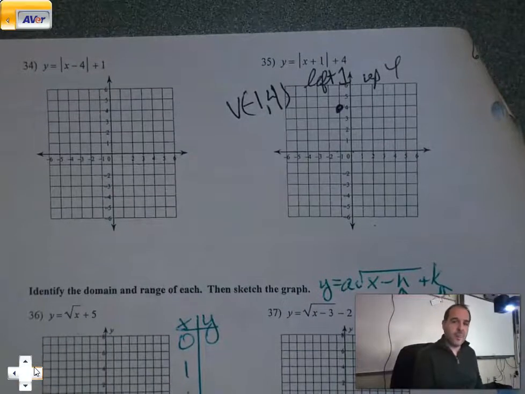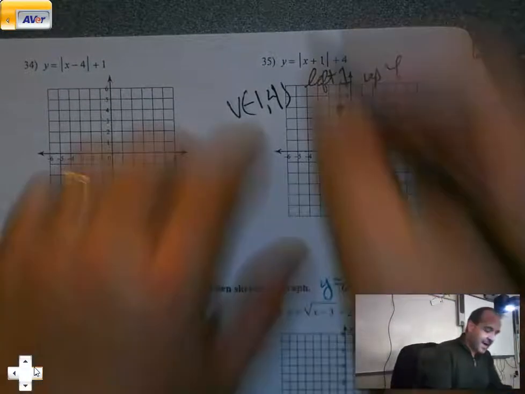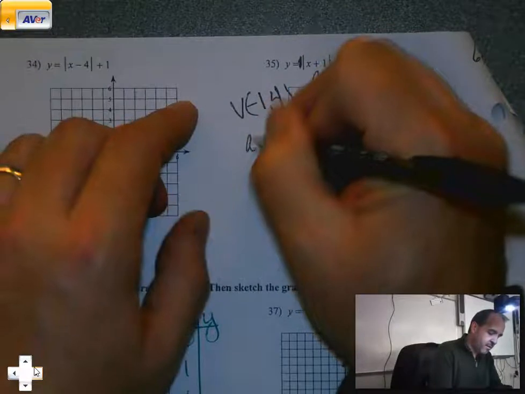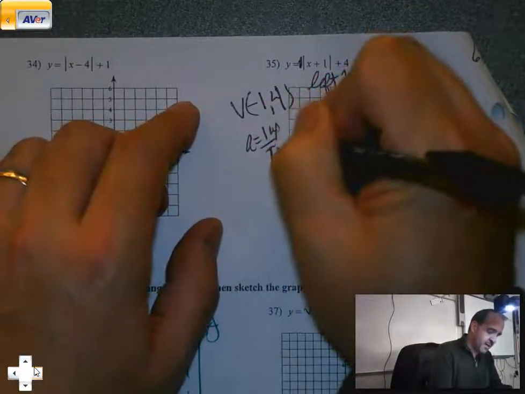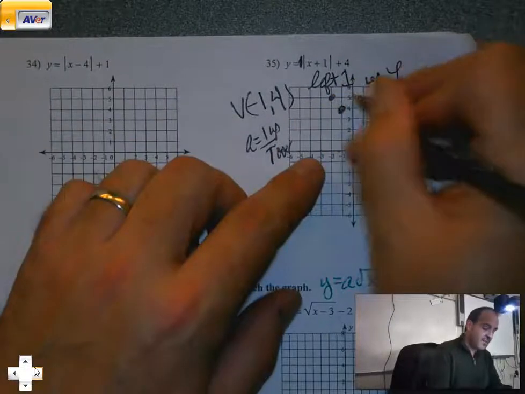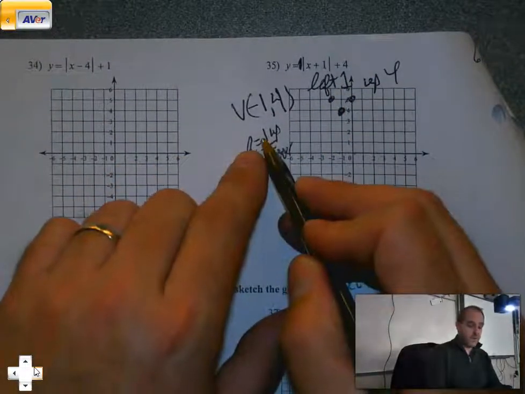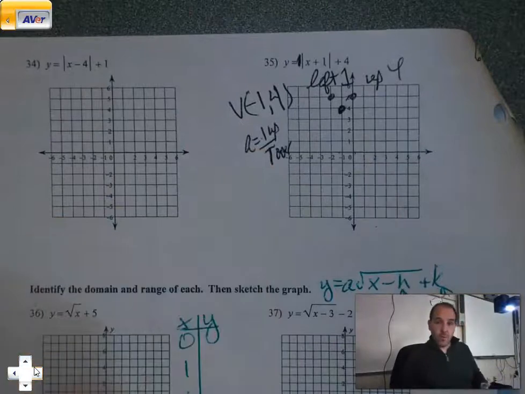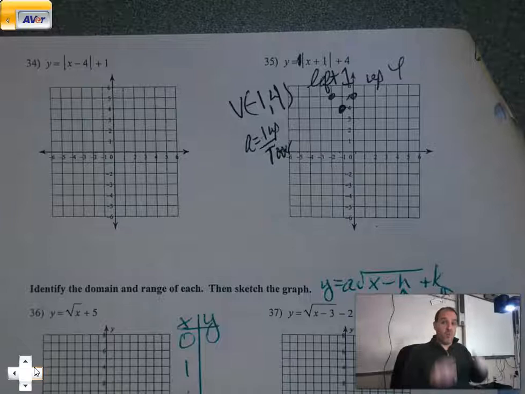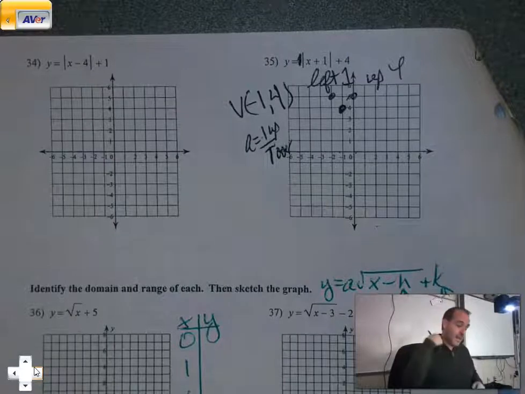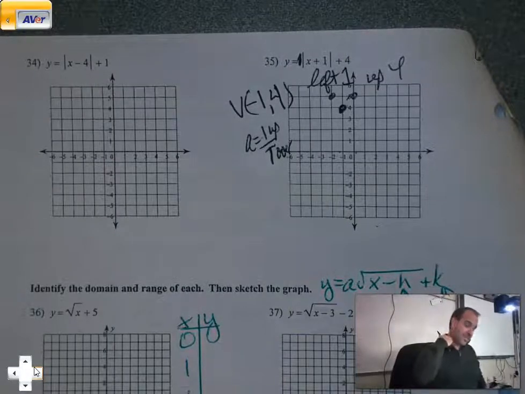Okay, either one works. Again, this time, I don't see a number in front. So we're just going to go up and over 1. Now, if this was a number like 3, okay, in front, I'd go up 3 and over 1. If it was negative 2, I'd go down 2 and over 1, because if it's negative, it opens downward. Again, just things to ponder.